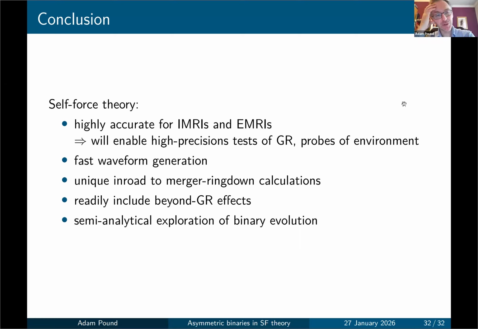So this was really what we were hoping for once we had the merger and ringdown in our model, to start looking at forecasts for Einstein Telescope and Cosmic Explorer, as well as looking at currently detectable signals. The reason we have not yet done that, there's no good reason. We will do that.